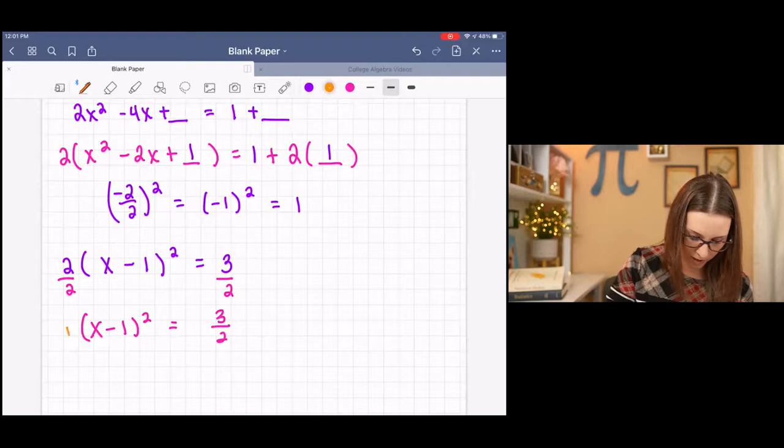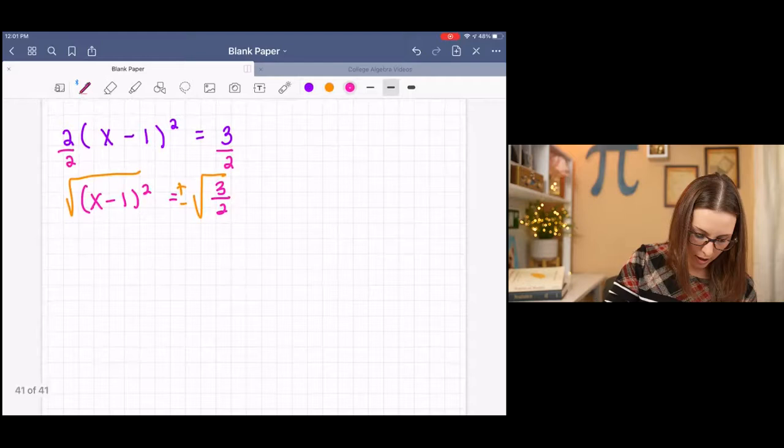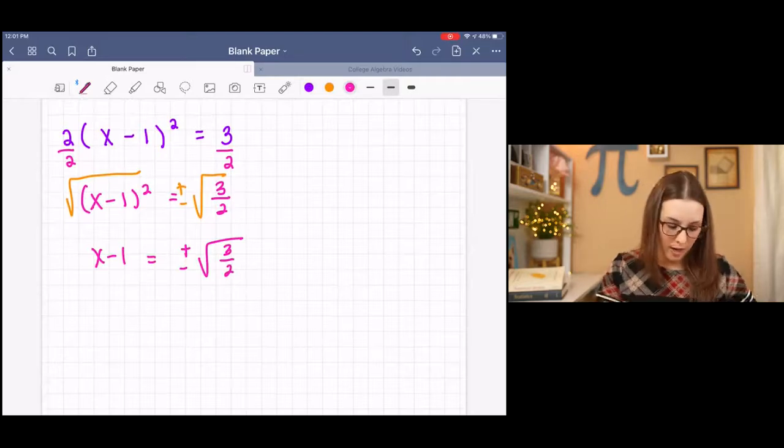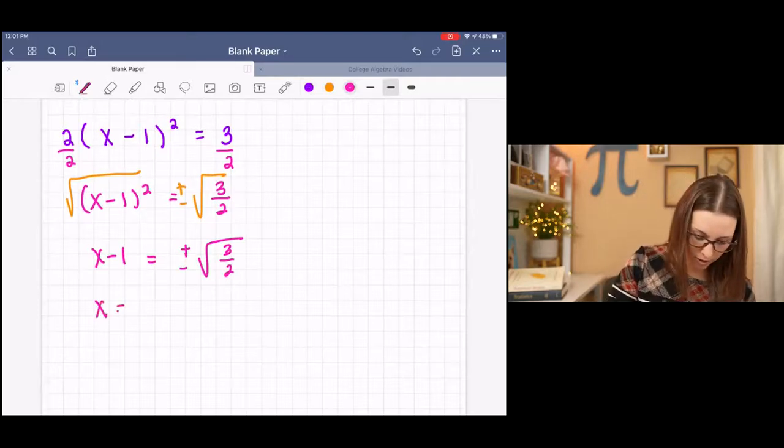Left myself room this time. Square root both sides. And we have x minus 1 equals plus or minus square root of 3 halves. And then I'm going to add 1, plus or minus square root 3 halves.